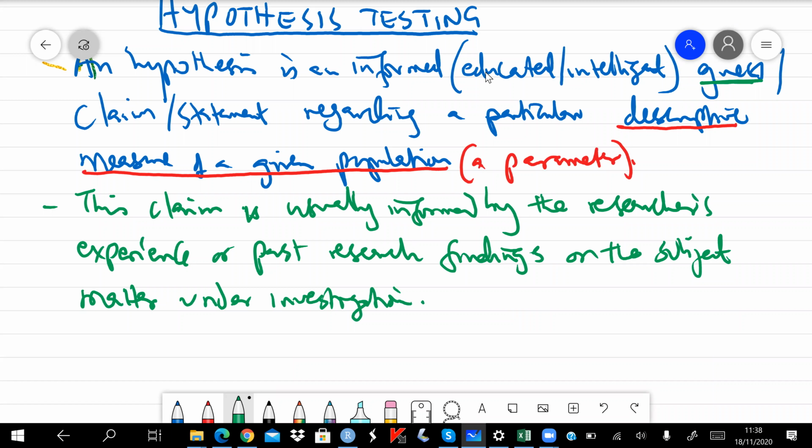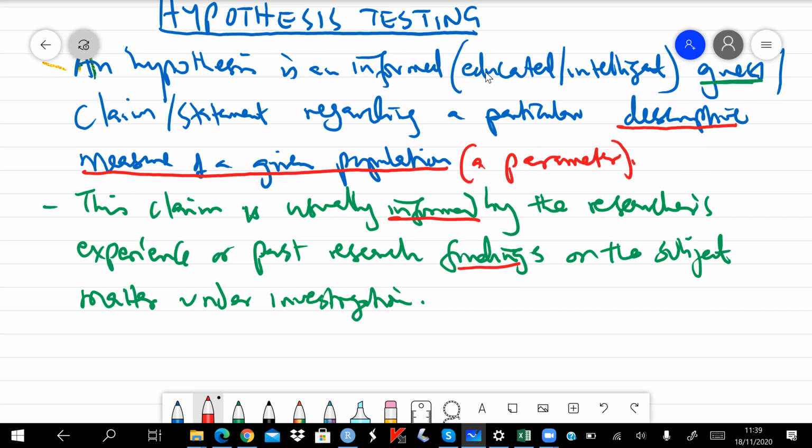So the claim that we are talking about here is not based on ignorance. You base it on your experience or some available information, either findings of some past research and so on and so forth.